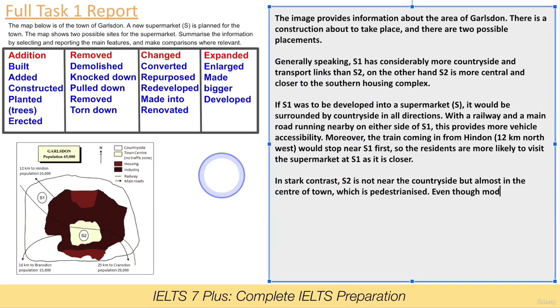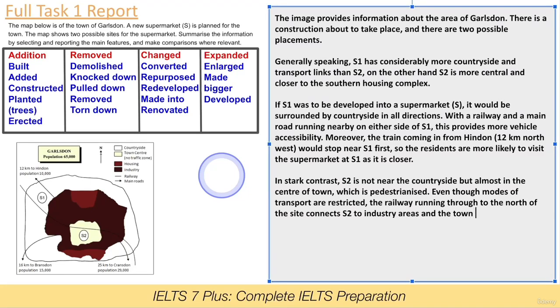So even though modes of transport are restricted, there is the railway, perhaps the railway running through to the north of the site, connects site to perhaps industry areas and the town of Cranston, 25 kilometers southeast.